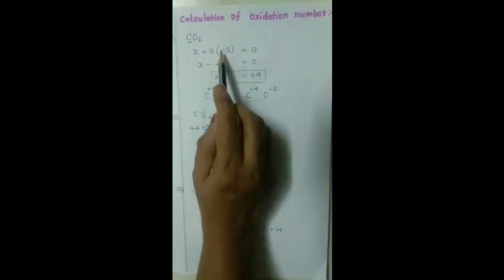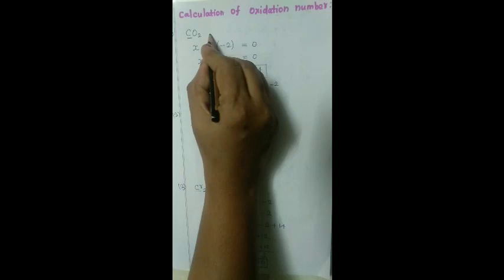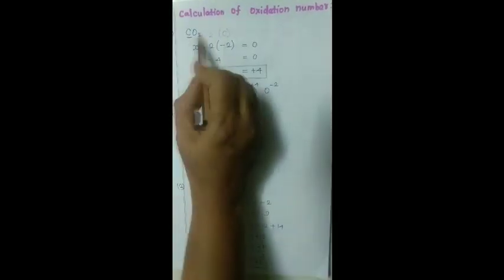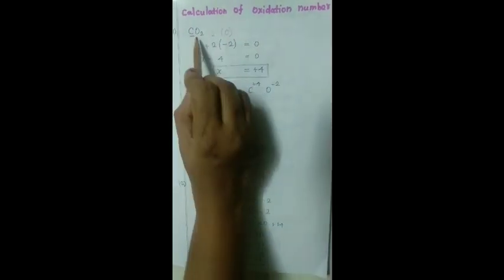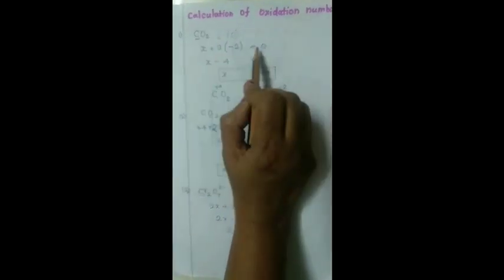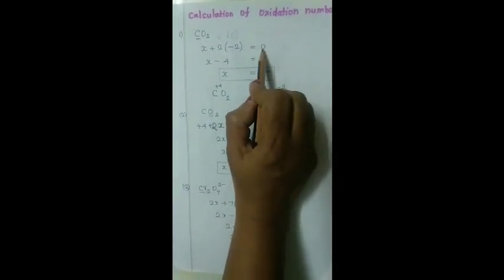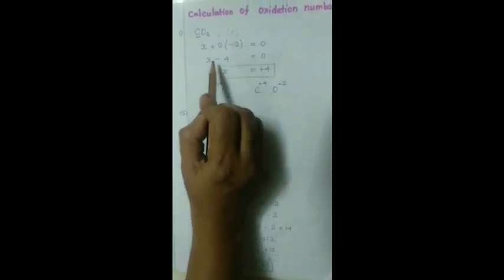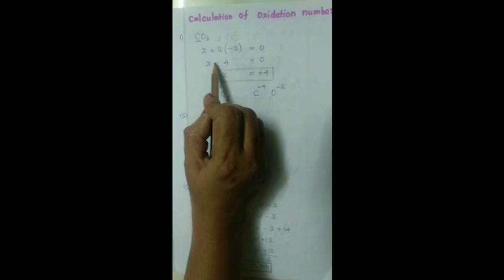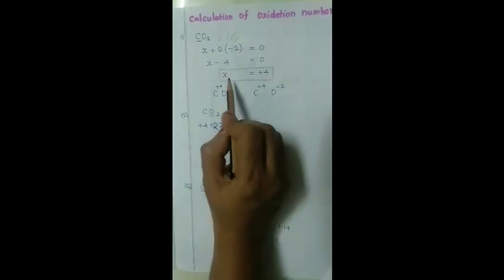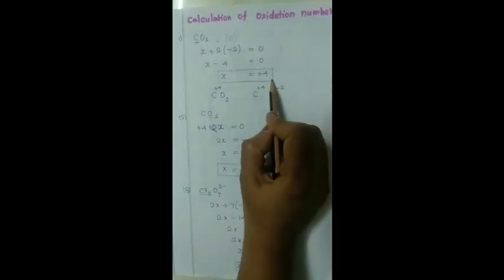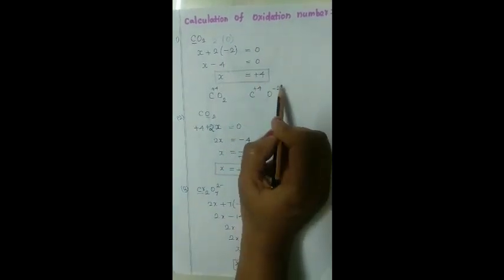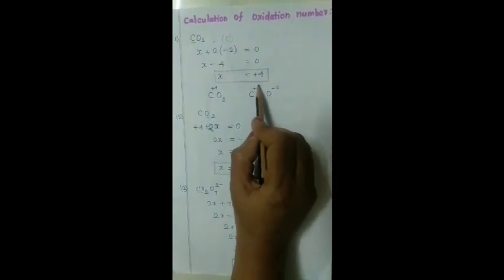So 2 into O, which is equal to 0 because there is no charge on this molecule, so on the right hand side we keep 0. Just multiply these two. X minus 4 is equal to 0. So X is equal to plus 4. So the oxidation state of carbon in carbon dioxide is plus 4.